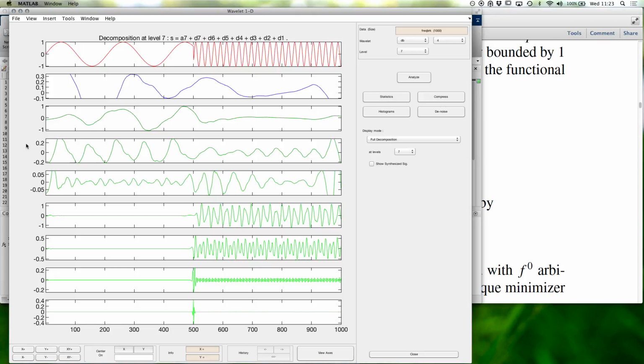Not exactly, because the wavelets decay at infinity. They can even be compactly supported, or they go to zero very fast outside some interval. The idea is that they are localized functions, and sine is not localized.